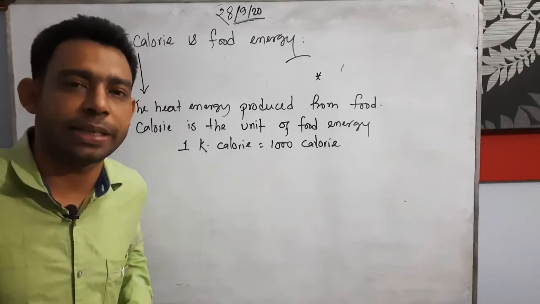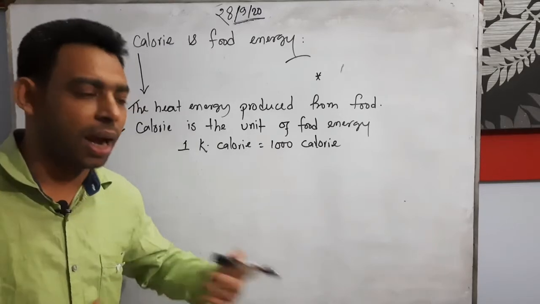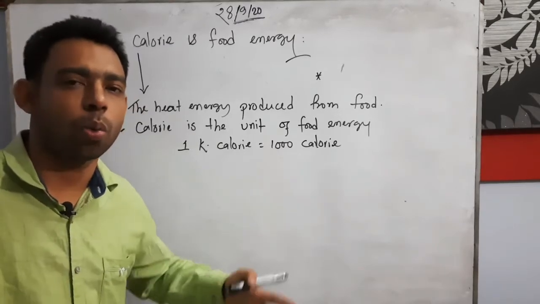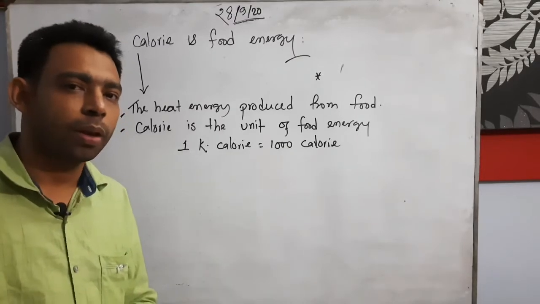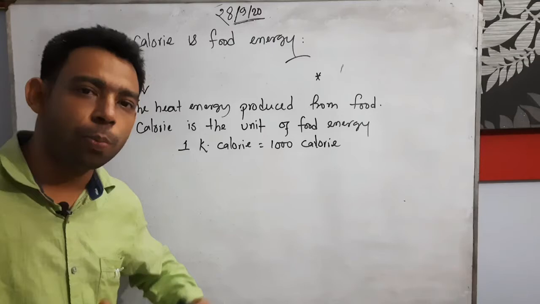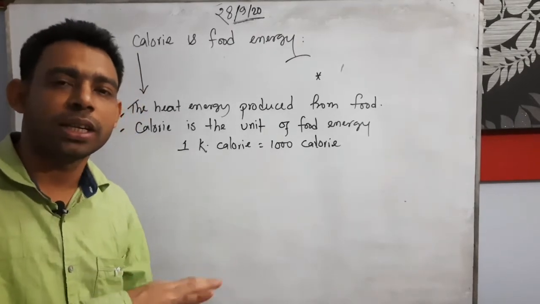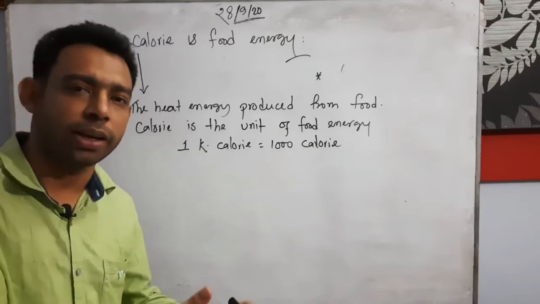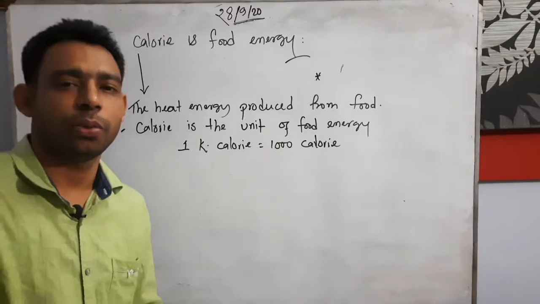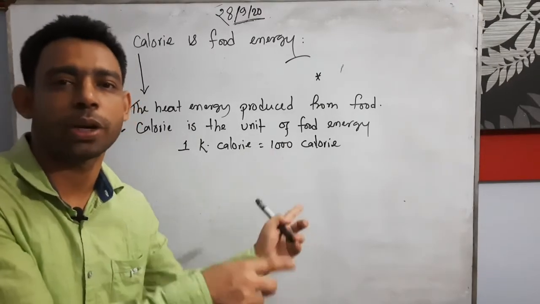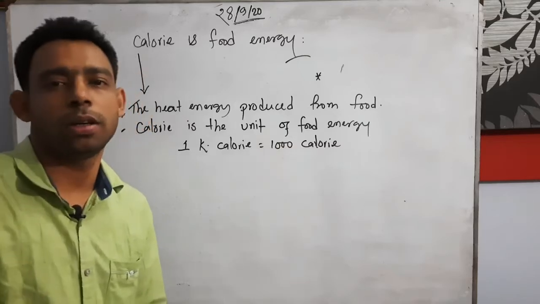Why is it happening? Because some biochemical reaction is going on there, hydrochloric acid secretion, lots of ways, and it produces heat energy. The food is converted into energy, and the amount of energy we get from that specific food is counted or measured by that unit called calorie.